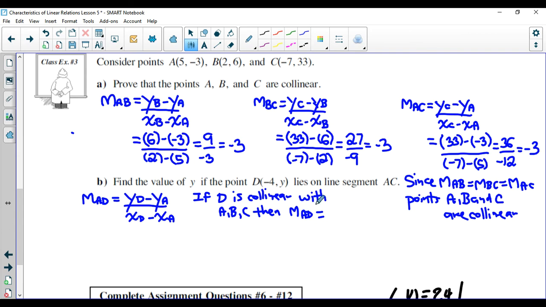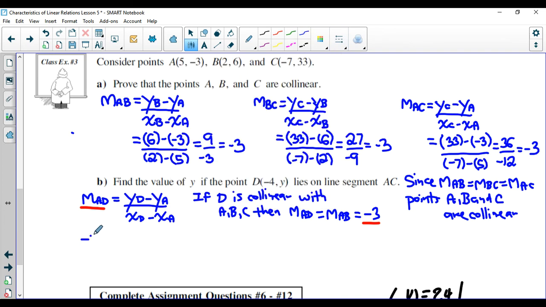So you can take your pick in terms of what slope you want to relate it to. I can say it's equal to the slope of A to B, which is equal to negative 3. Now I'm going to plug in a bunch of different numbers here. In this example, I actually know the value of the slope, so in place of m_AD, I'm going to plug in negative 3.